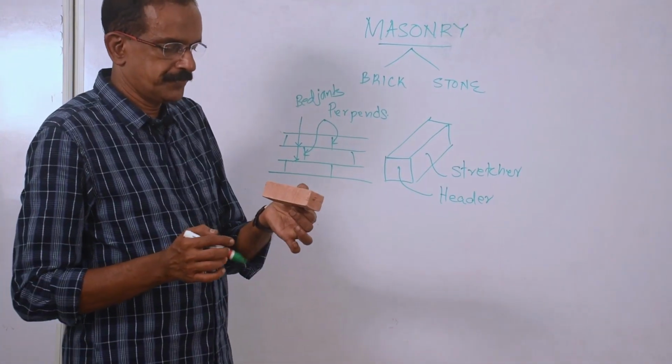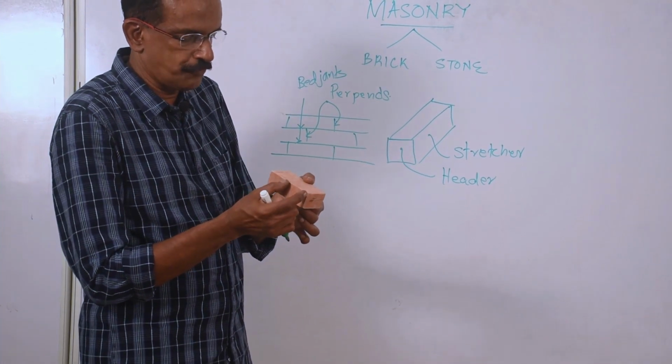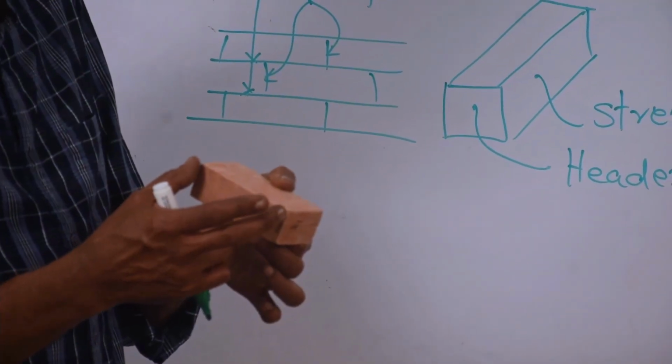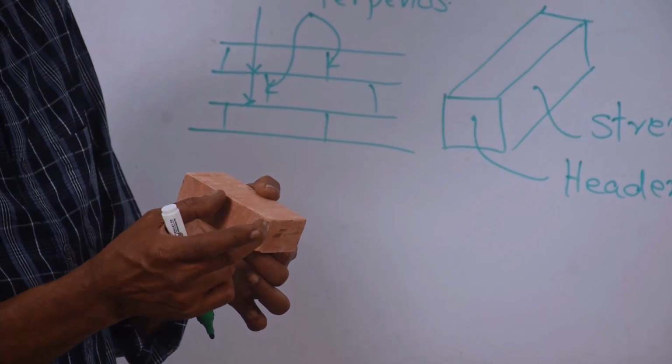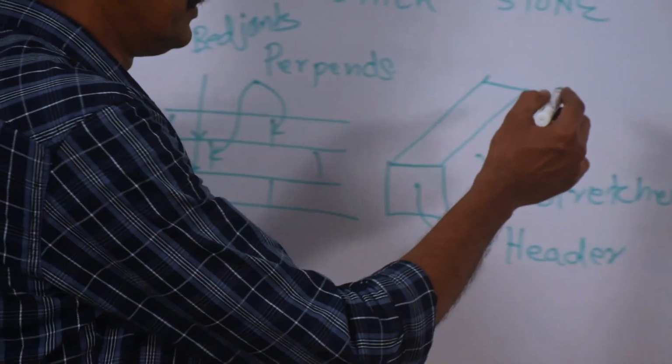Consider a brick and take half of its length. If the total length is L, take L by 2 in the sketch.